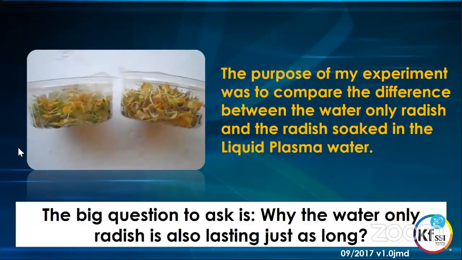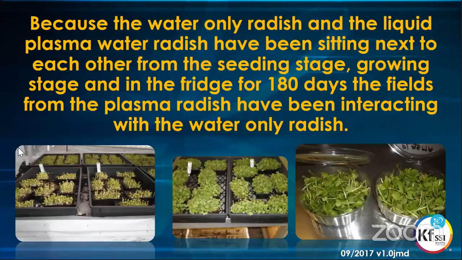So now I come back to the same question again as to why the radish soaked in the water lasts just as long as the radish soaked in liquid plasma water. And then we begin to understand what was really happening.